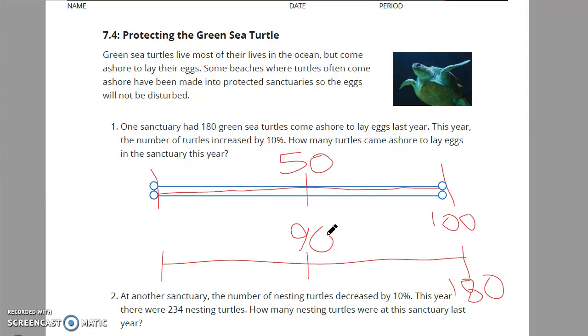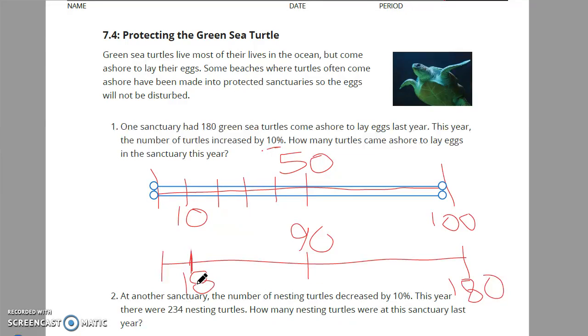Now you can always divide by 10 because we want 10%, and if we divide 100 by 10, you get every mark, meaning 10%. 100 divided by 10 is 10. 180 divided by 10 is 18. Okay?